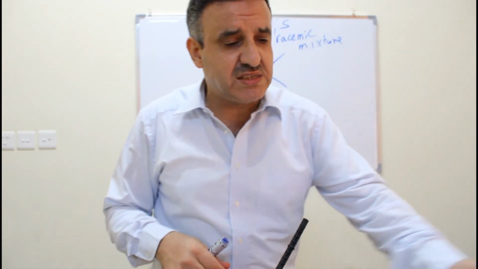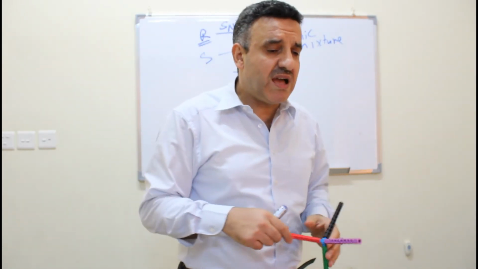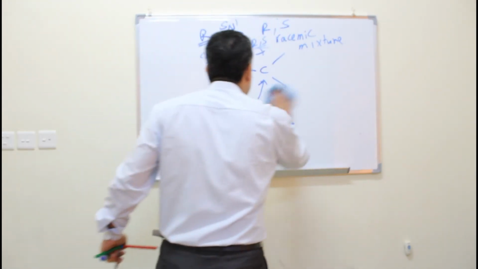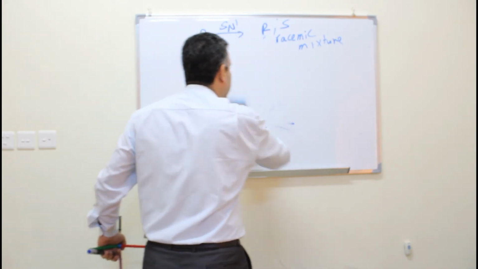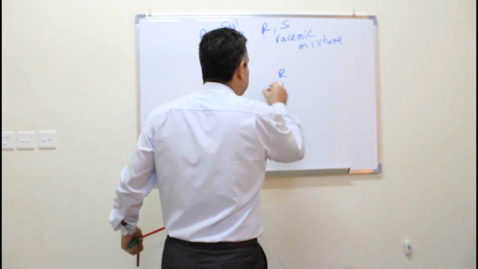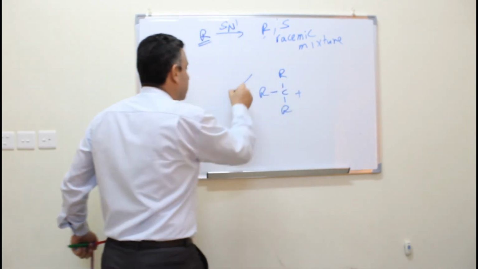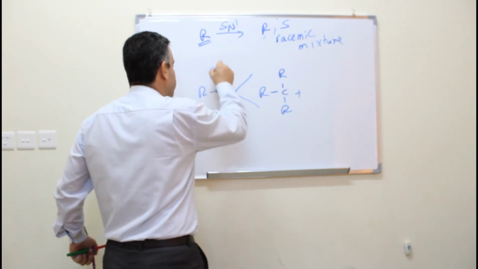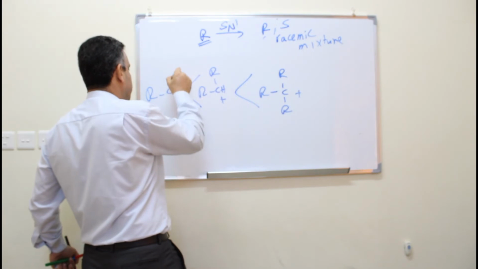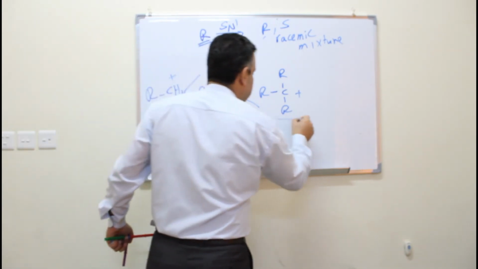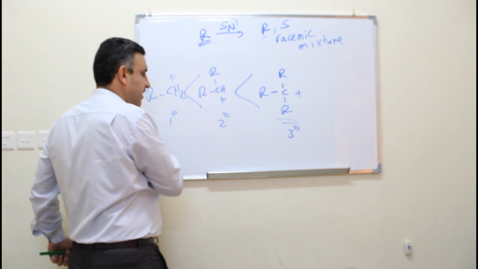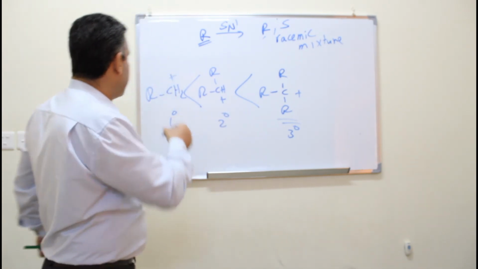And you can see in the slide what we explained before: when we compare primary to secondary to tertiary carbocation, the tertiary is higher in stability compared to the secondary, compared to the primary. So this is the tertiary carbocation, this is the secondary carbocation, this is the primary carbocation.